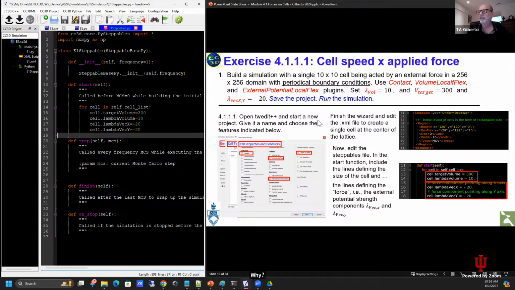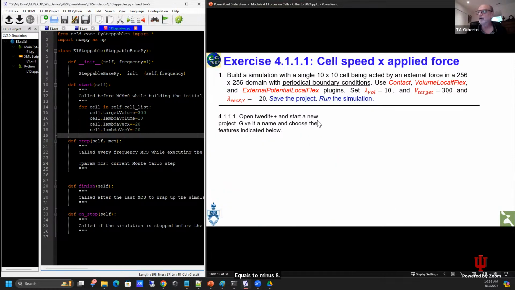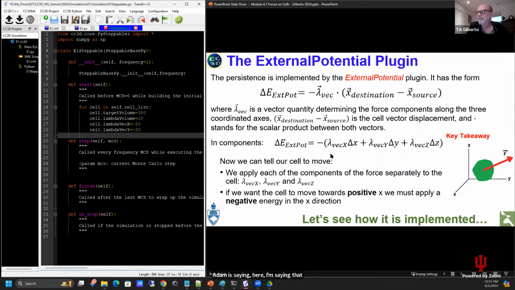What I'm saying here is that this component of the external potential, the fx component is minus 20, and the fy component is also minus 20. Okay?